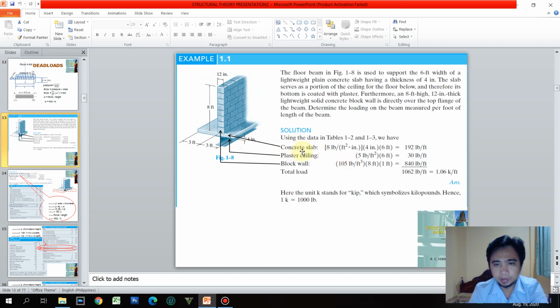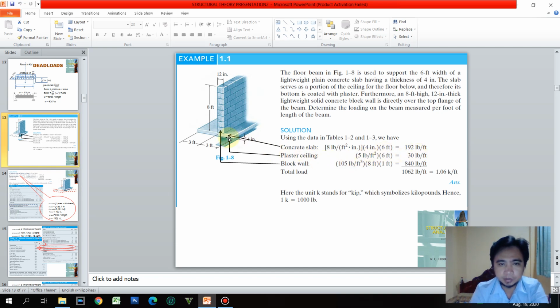As we can see, the concrete slab was derived through the pressure in terms of the thickness, perhaps. Because 4 inches is being multiplied by the thickness as well as the width here, 6, to come up with 192.